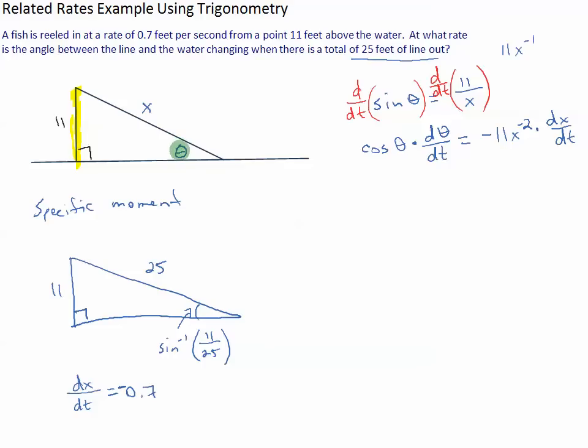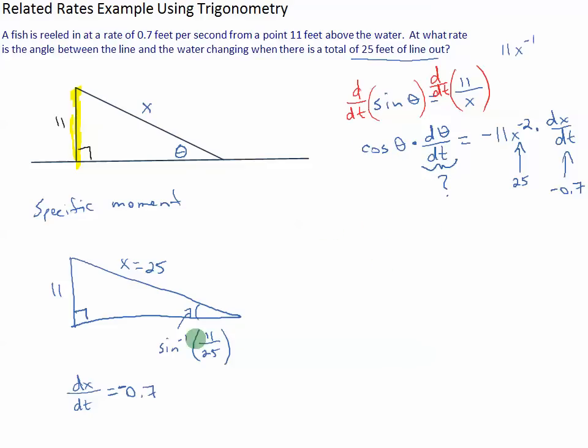So, for example, x here is 25. So I know I will be plugging in 25 for x. I know dx/dt is negative 0.7. And we're looking for the rate of change of the angle, so that's what we don't know. And then we need theta or the cosine of theta.